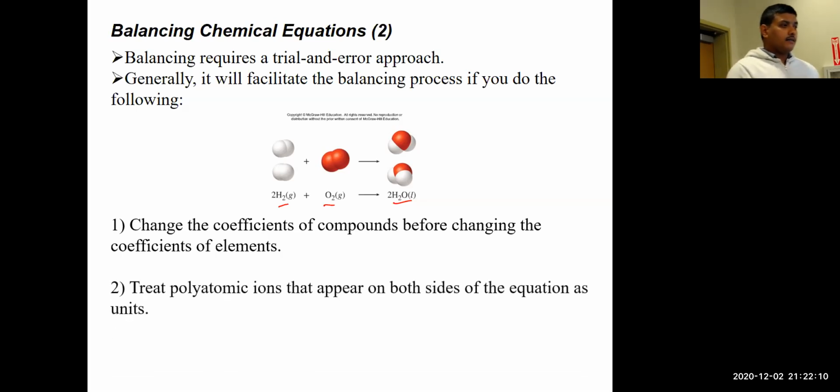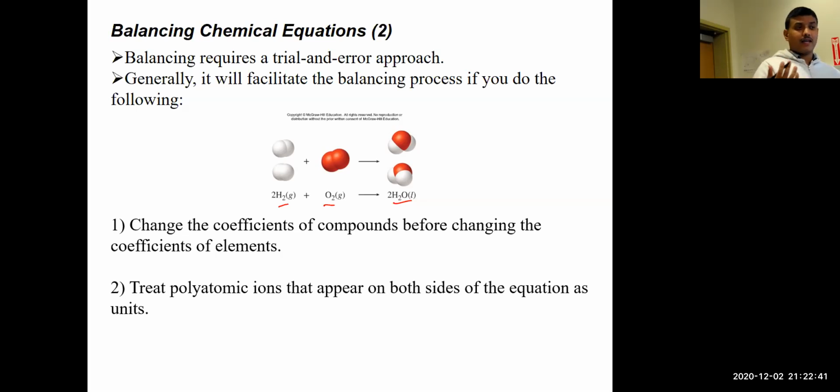And secondly, this is very important: some molecules have groups. We discussed that in chapter 5 where you named molecules with phosphates, sulfates, and nitrates. Sometimes they come as a group rather than individual elements. So treat them as groups rather than single atoms. It will not make your life miserable if you do that. I'm going to remind you how to find them.